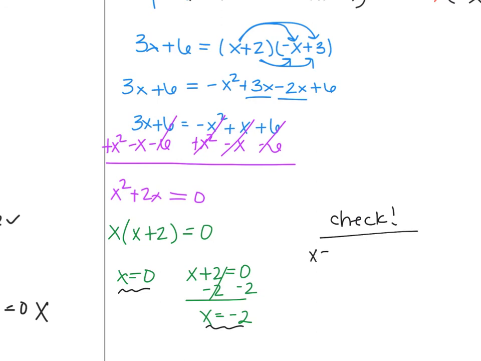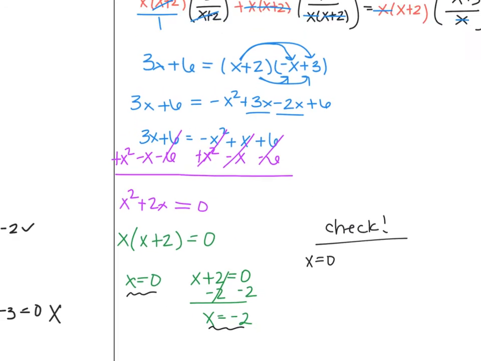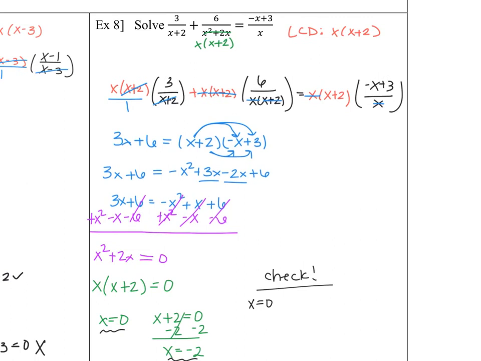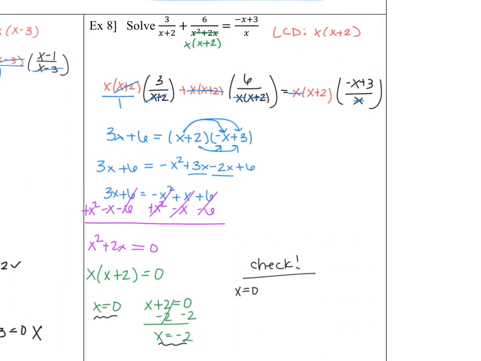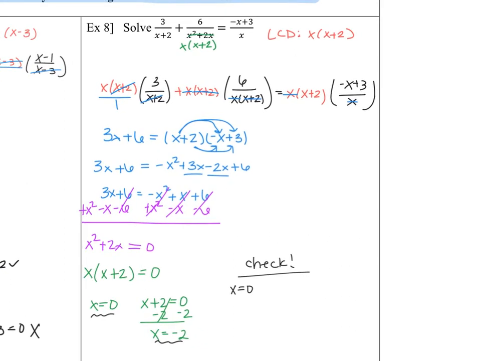So the first one we're going to check is x equals 0. Let's look back at our original problem and find our denominators. The denominators I have are x plus 2, x times x plus 2, and then x. The first denominator is x plus 2. If I plug in a 0, I get 0 plus 2, which equals 2, and that's okay. So far, this is an okay solution.